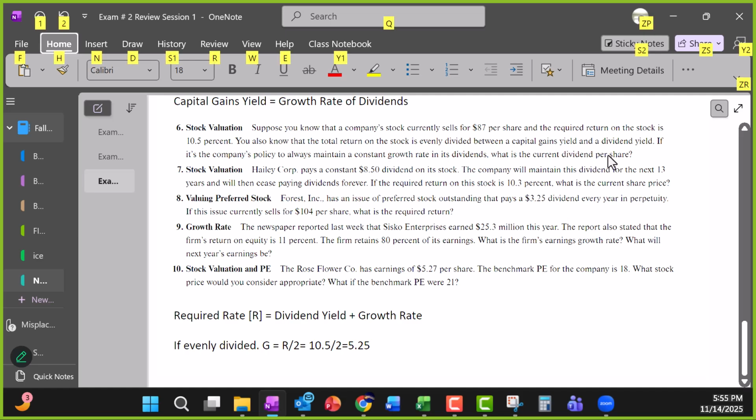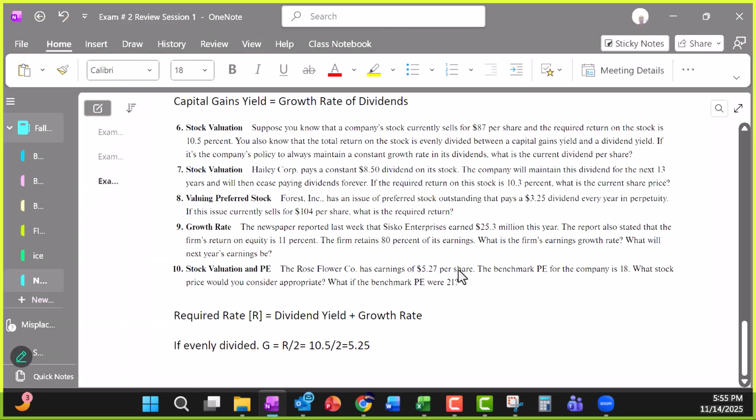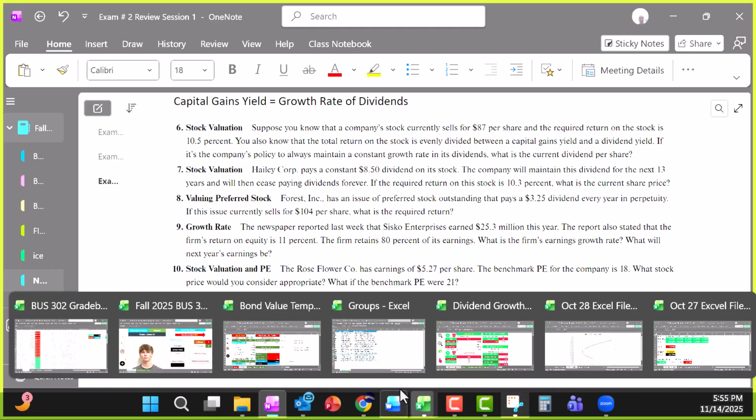What we don't know is what is the current dividend per share. All right, let's go.